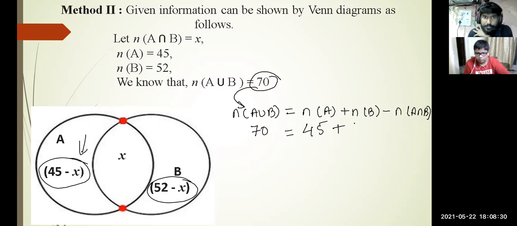A is 45, B is 52, and n of A intersection B is X. We considered it to be X.